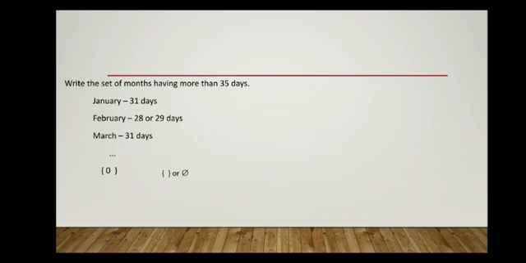Now see this question. Set of numbers which when multiplied by any number results in 0. That is, we have to list down the numbers. When we multiply that number with any number, we should get 0.